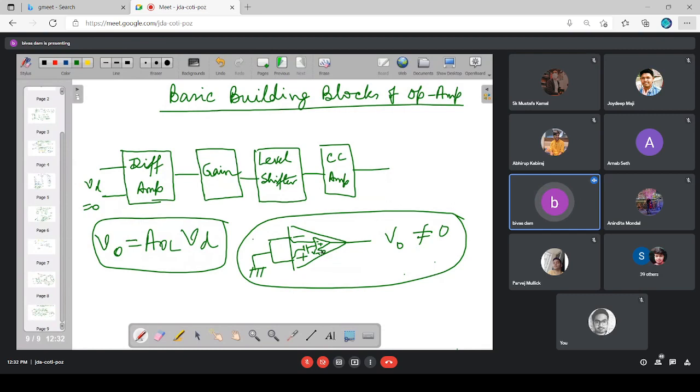This value of the VIO may change. The polarity of the VIO also may change, because this V naught value at a certain point of time may be plus 0.5 volt. After 1 hour, that may be minus 2.3 volt.